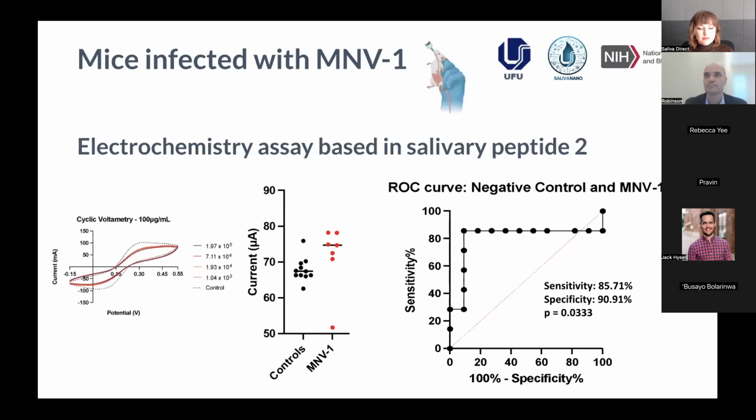Next one, please. Here we can see that this electrochemical assay was able to detect this norovirus in the saliva of mice infected with the virus with around 87% accuracy. Next one, please.